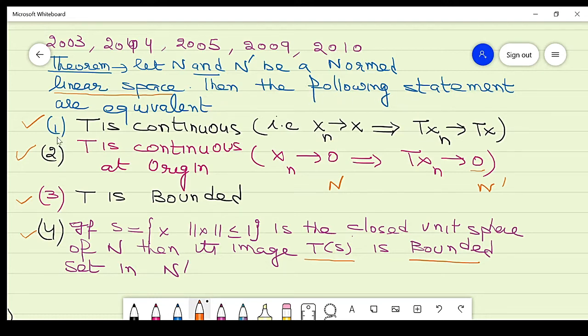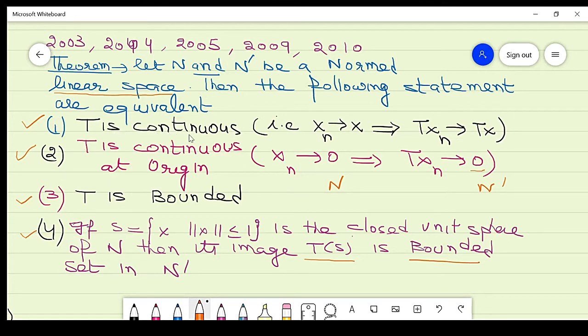It means first implies second, second implies third, third implies fourth, and fourth implies first. So all four statements are equivalent, right? Now, if all four statements are equivalent, then it means there is no difference between these four properties.